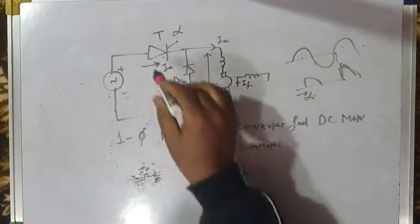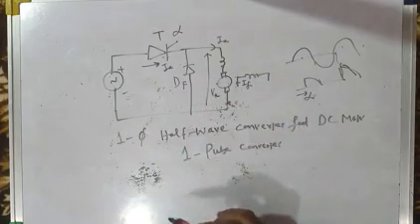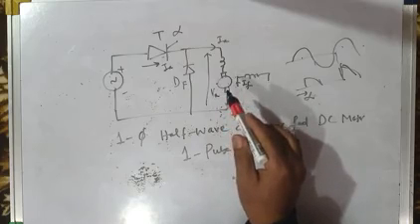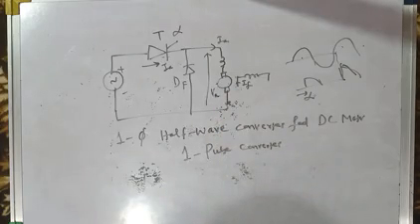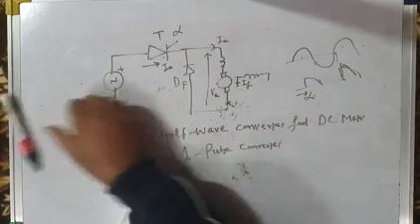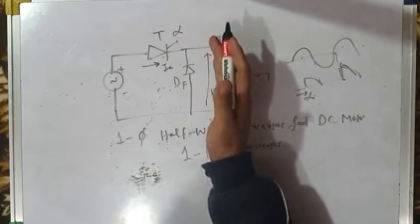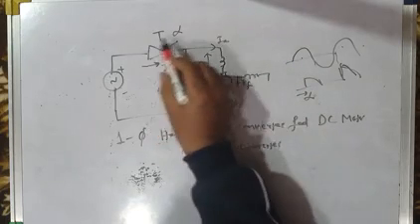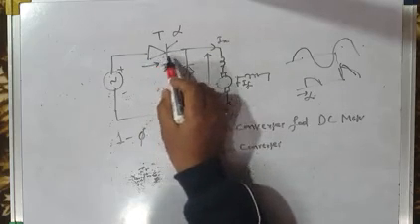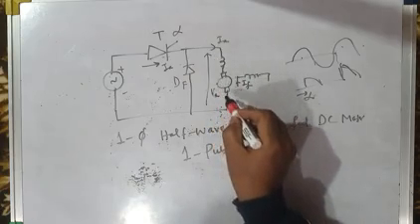Therefore, since the voltage drop is very small, this type of converter is suitable for controlling DC motor drives of very low voltage rating and very low power rating. When the voltage rating of the drive is very small, say you may have a 12 volt or 24 volt DC motor, and the thyristor is dropping 2 to 3 volts, you may not get the required voltage across the DC motor.